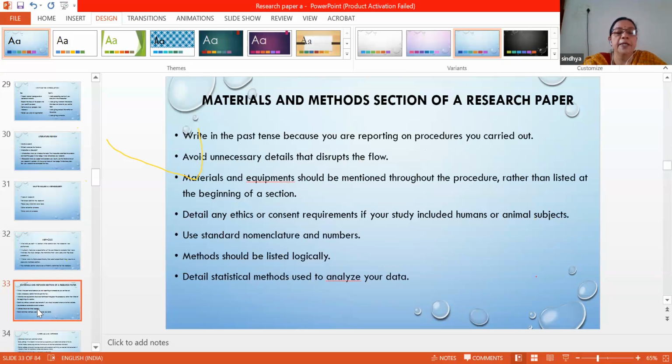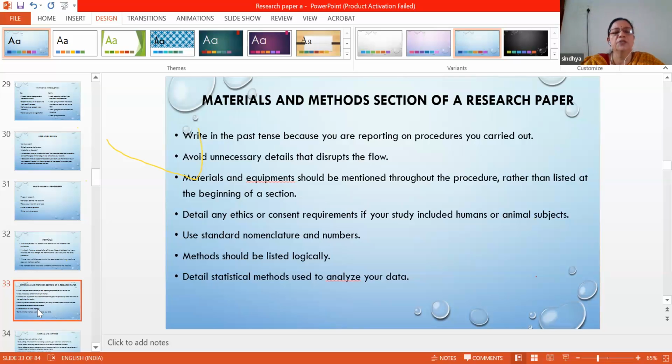guideline given by APA. Then avoid unnecessary details, because we are preparing a short paper. We have to limit the words as demanded by the publishers. So within those limited words, we have to explain our methodology, materials and equipment, everything. So avoid unnecessary details. And whether you use different equipment or materials, wherever you need to mention them, they should be mentioned.